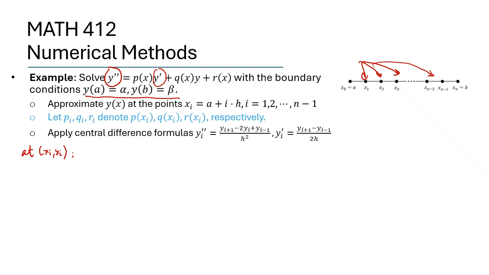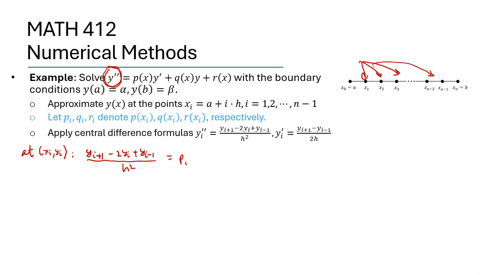First, the left hand side is y sub i plus 1 minus 2yi plus y sub i minus 1 over h squared.